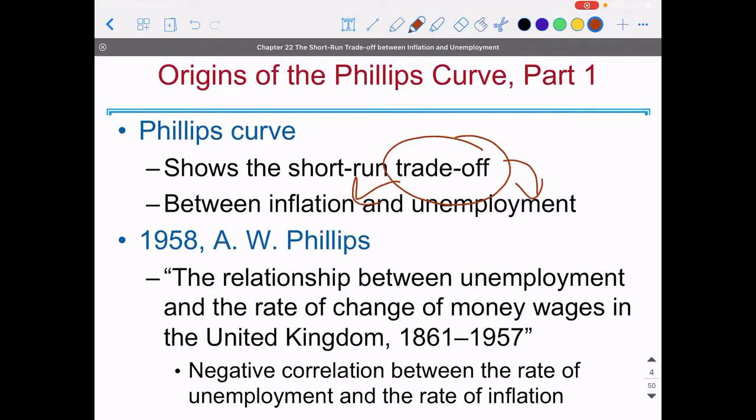And what he did to describe that relationship is he looked at data from the UK between 1861 and 1957, and he found in that data a negative correlation between those two, meaning that when one went up, the other went down, and vice versa.